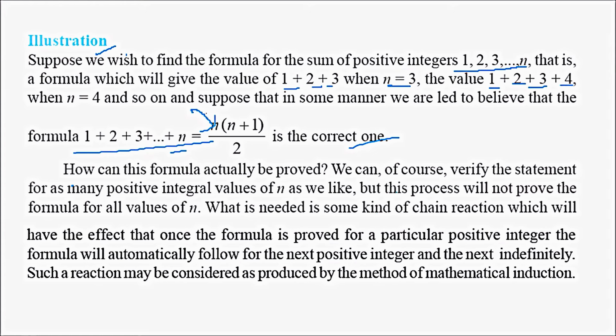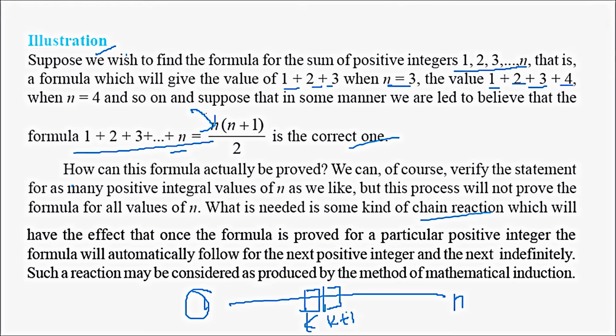The basic thing for this to hold for all these values is something which we just discussed, called the chain reaction. Chain reaction means if you're talking about some n value, you say okay, let us start and say it is true for 1. Let us assume midway it is true for some kth value, and we found by some mathematical calculation that it is true for k plus 1 also.